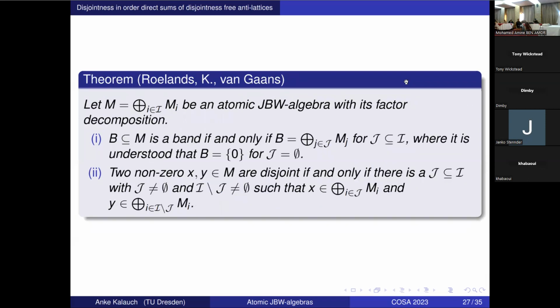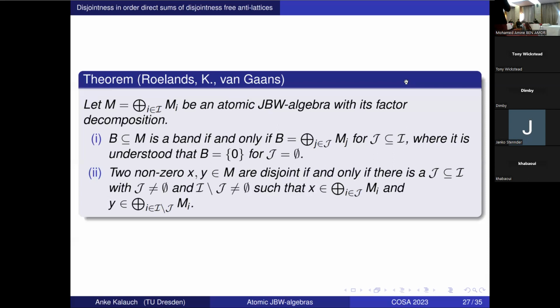And for atomic JBW algebras, now we get this as a corollary, since in all the factors we have disjointness-free antilattices, so nothing happens within the factor, only in different factors something essentially happens. That only elements from different factors can be disjoint, and that's all. So you have fully characterized disjointness in atomic JBW algebras.